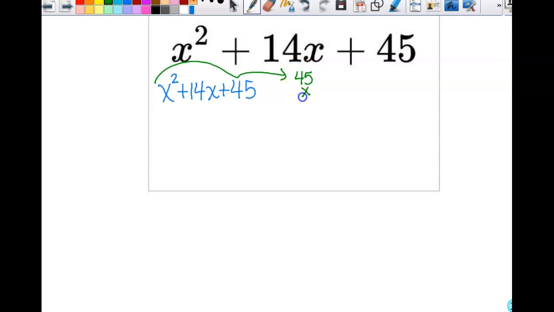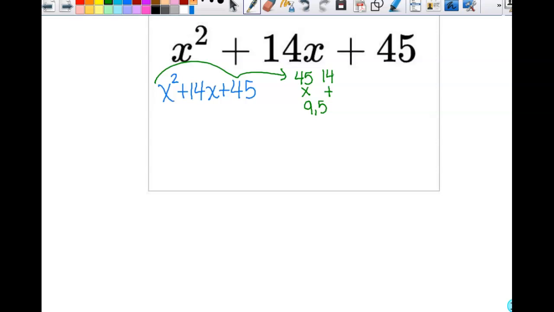I need it to multiply to give me 45 and add to give me 14. If they're both positive, then both values have to be positive. What are they? 9 and 5. Got to multiply to give me 45. So 9 and 5 will multiply to give me 45, add to give me 14.